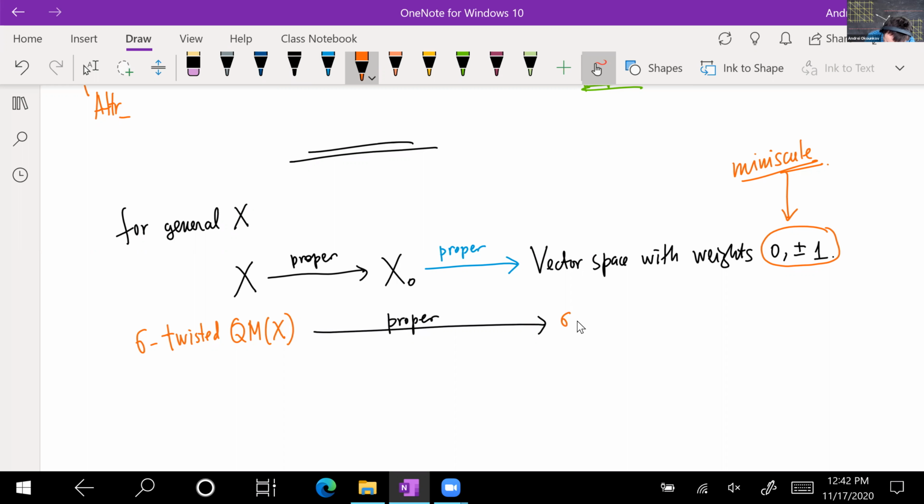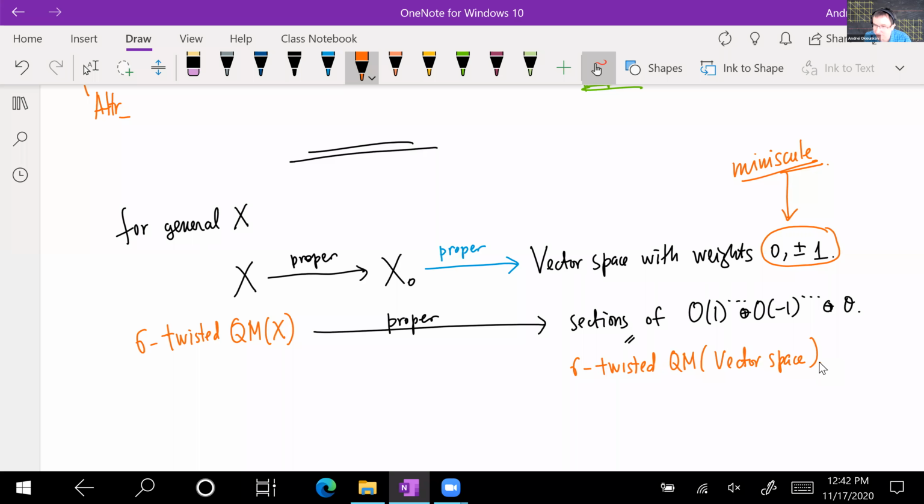So the sigma twisted quasi-maps to sections of a whole bunch of 1, of -1, so these are twisted quasi-maps. This vector space is okay. We just did the example, and so this is fine.